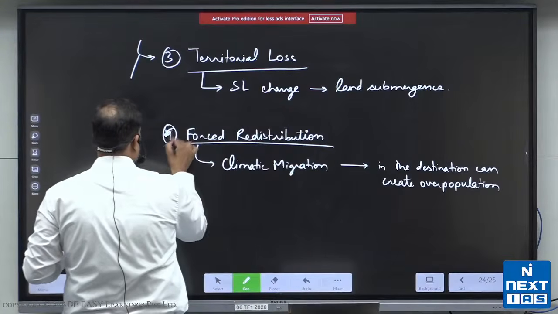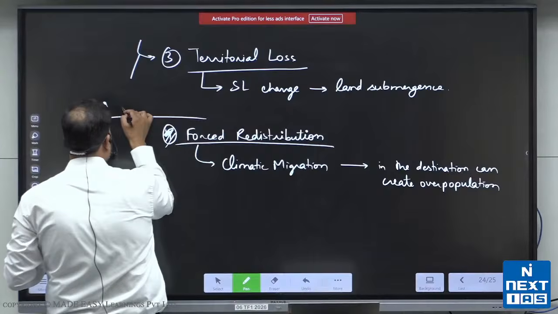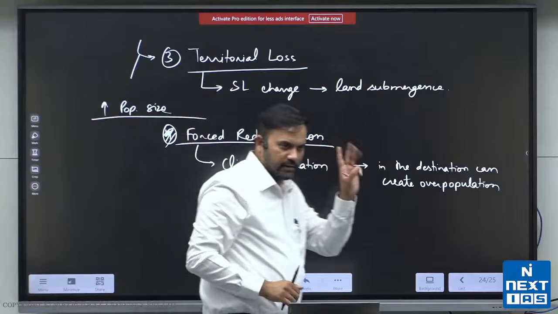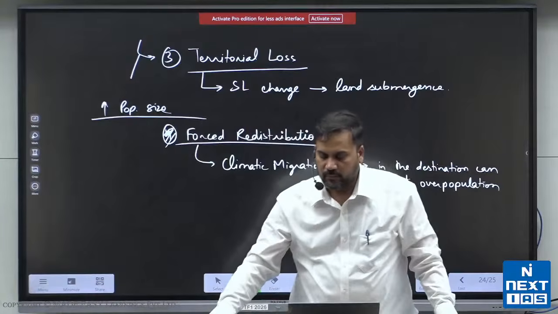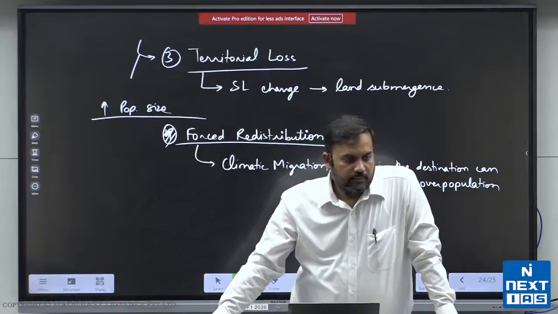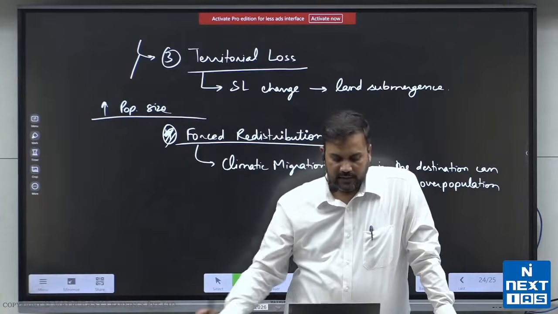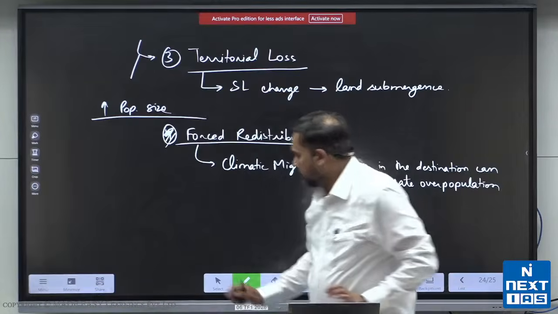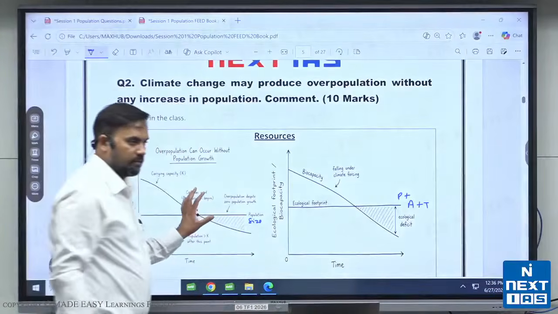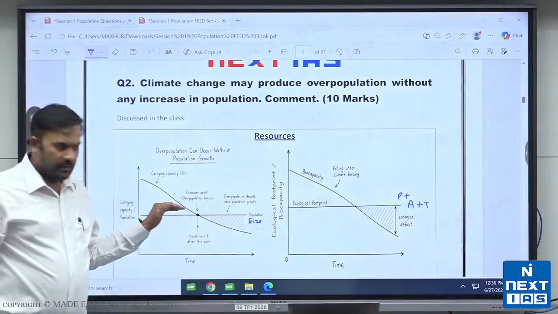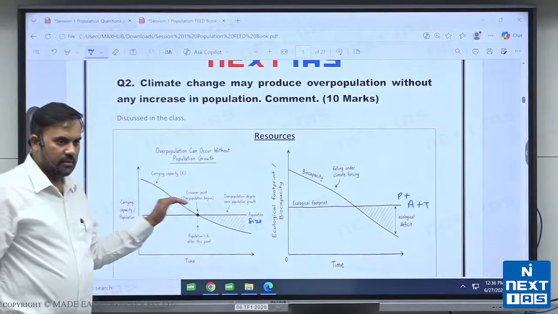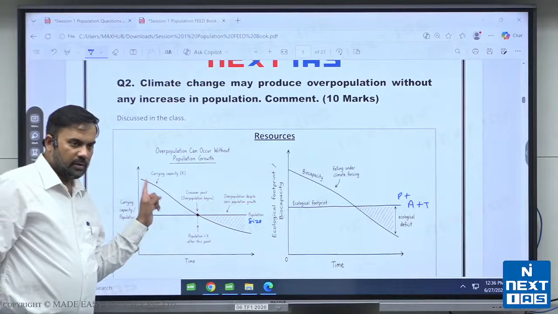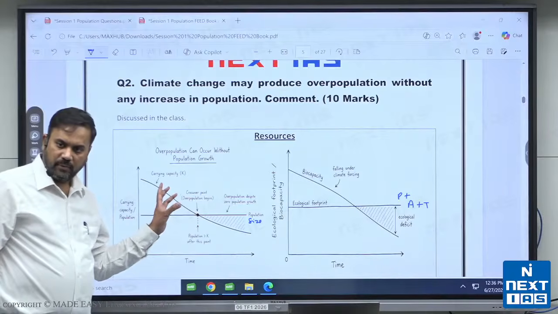It can also lead to increase in population size. वहाँ पे रिसोर्स बेस के 3 पॉइंट्स थे, पॉपुलेशन साइज का 1 पॉइंट है. ठीक है. And finally, once I have talked about this, I can do what? I can explain this relationship now जो इस diagram में है. I can make these diagrams now that even what is taking place, there is no population change. Still, it is leading to what? It is leading to decline in the capacity.